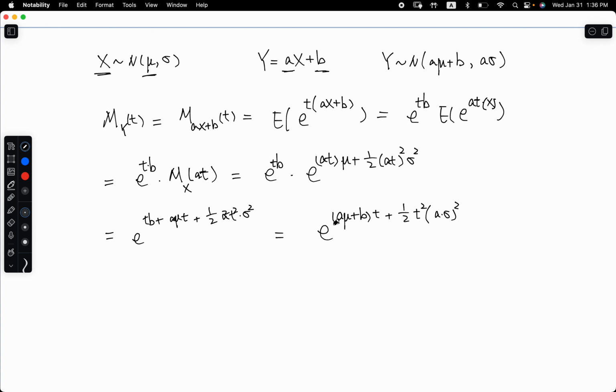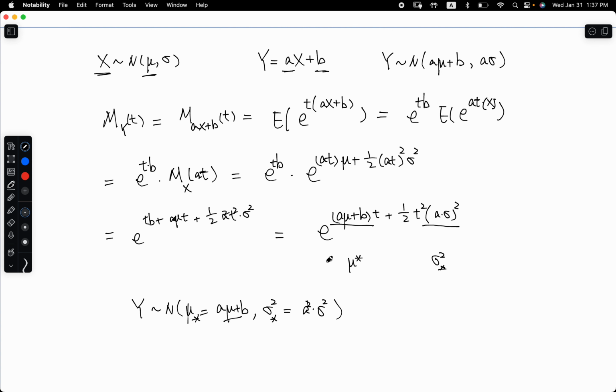Okay, so now you can consider this as your new mean, mu star, and this as your new variance, sigma star squared. And now you can claim that Y follows a normal with this mu star equal to a mu plus b, where mu refers to the original mean of the random variable X, and the variance is just a squared sigma squared.